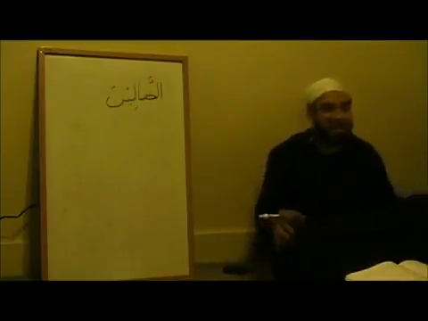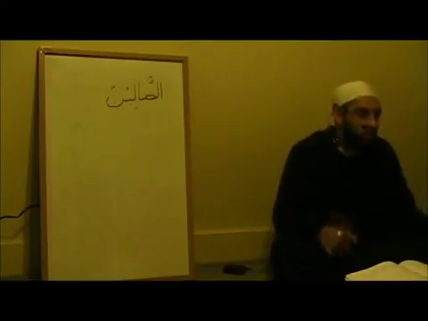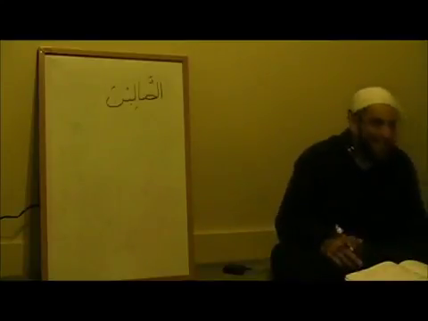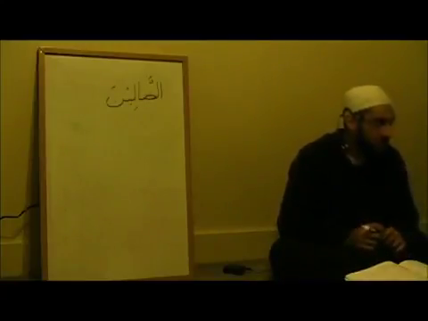Here we're going to say the word al-dhallin. So we'd say, wa la ad-dhallin. To get it right, you have to both listen and look. So it's wa la ad-dhallin. We're going to try it. Wa la ad-dhallin.